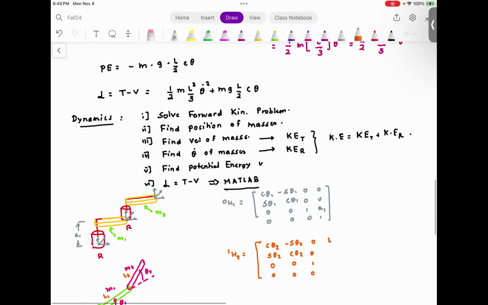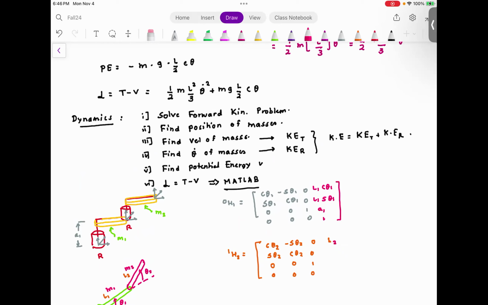So I'm making a mistake here. Let me see. This is going to become L1 cosine theta 1, L1 sine theta 1, A1, 1.